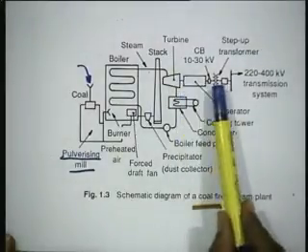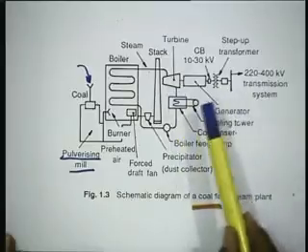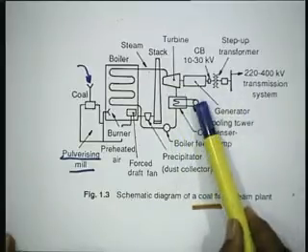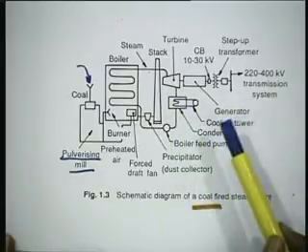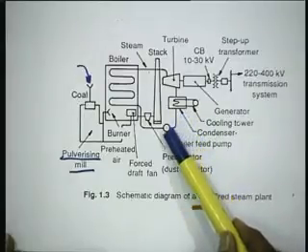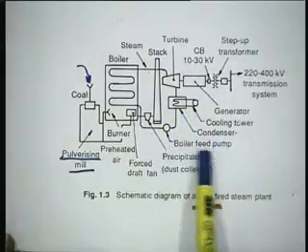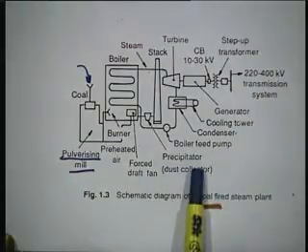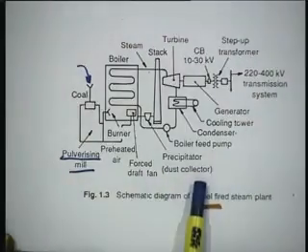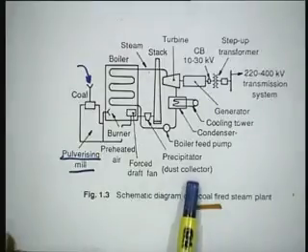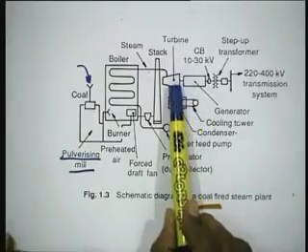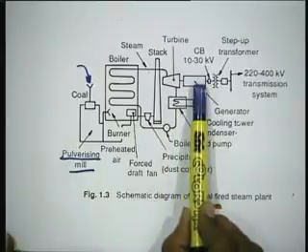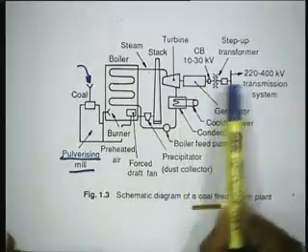After this turbine, the steam passes through the cooling tower, where it gets condensed, and again water is fed back to the boiler by the boiler feed pump. Okay. This precipitator is also shown here, which collects the dust. Now, this steam runs the turbine, which is a prime mover, it runs your generator and power is generated.